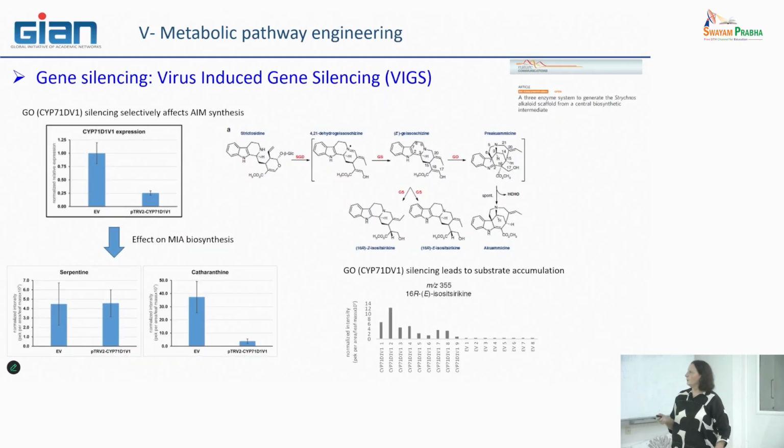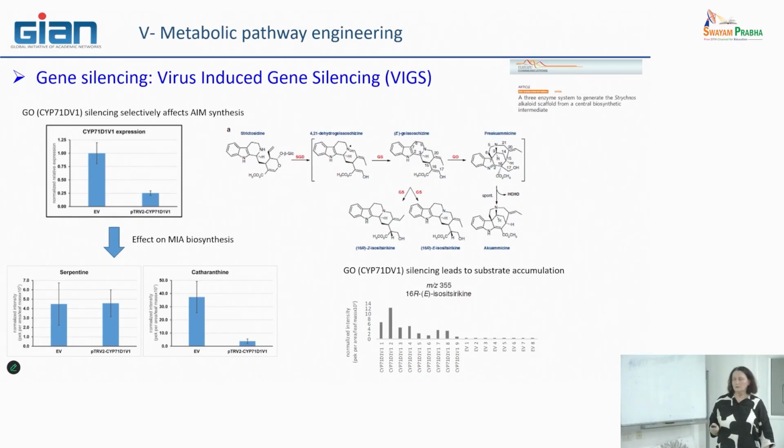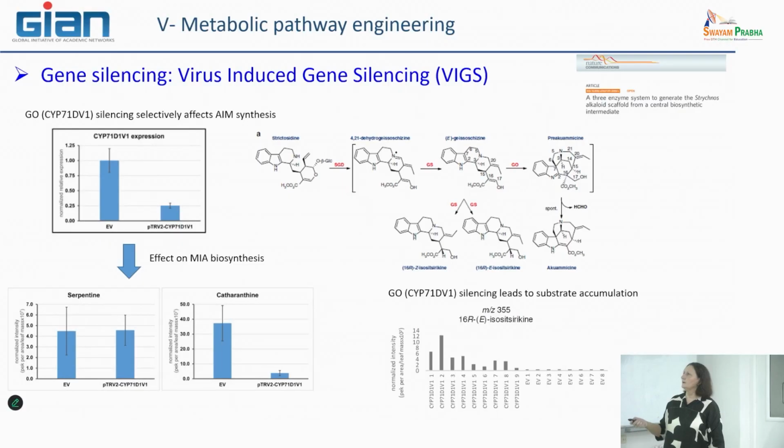One example was the use of this type of strategy to characterize one gene in particular that we spent, I don't know how many years, trying to find. It was quite difficult to find. It's a CYP, meaning cytochrome P450 monooxygenase, named GO, for geissoschizine oxidase. It's one of the intermediates.